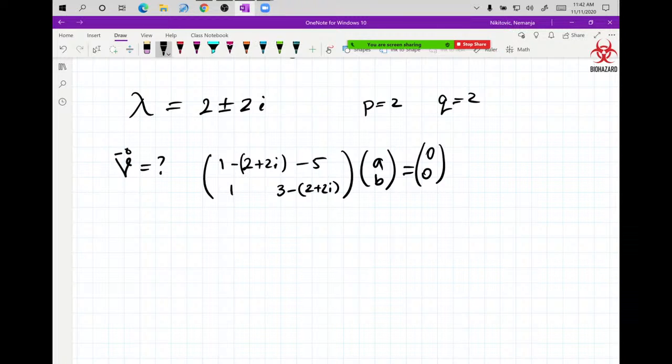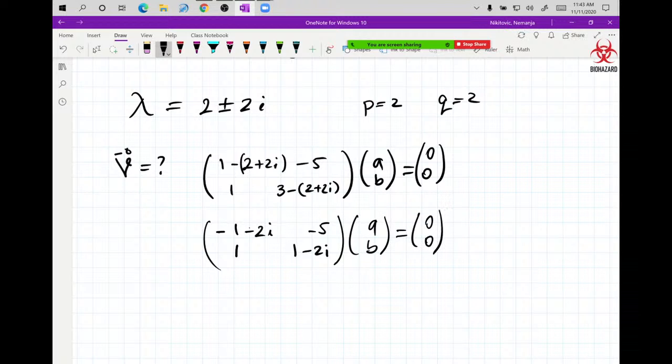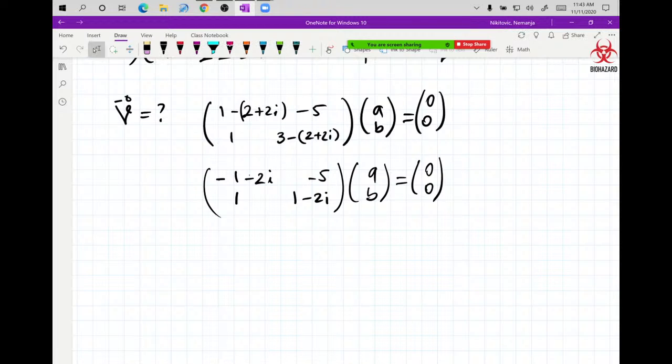Simplify, you get negative 1 minus 2i, negative 5, and then a 1, and then 1 minus 2i. And then we have our a and b, and then we have our 0, 0. And this is going to give us negative 1 minus 2i times a minus 5b equal to 0.